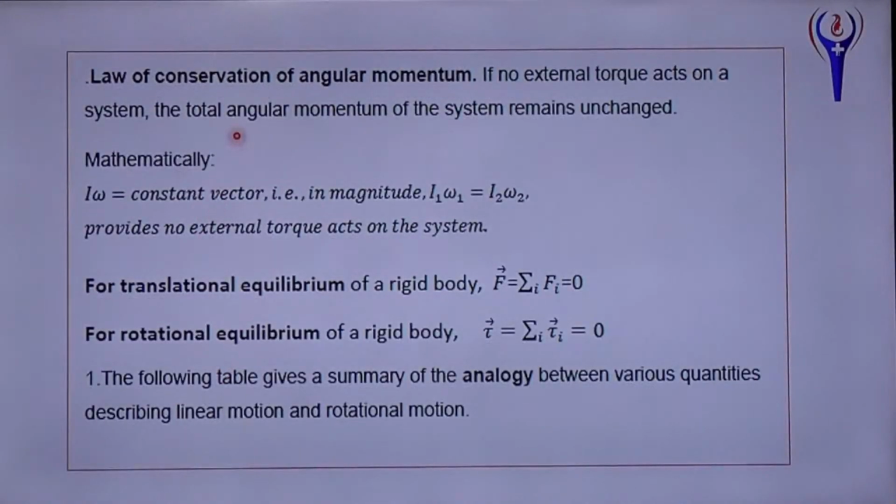Next, law of conservation of angular momentum. If no external torque acts on a system, the total angular momentum of the system remains unchanged, constant. Mathematically, I omega equals constant, or I1 omega 1 equals I2 omega 2. That is, when I increases, omega decreases.